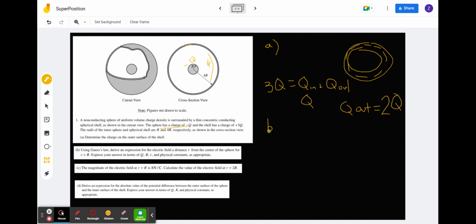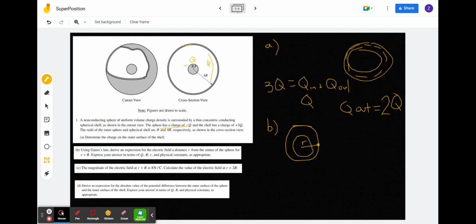Question B. Using Gauss's law, derive an expression for the electric field at distance r from the center of the sphere for r is less than R. Express your answer in terms of Q, R, r, and a physical constant as appropriate. So this is something we discussed in the last video. Essentially the gist is that when you have a sphere of radius R, where r is less than R, it's non-conducting, so it has a charge density.